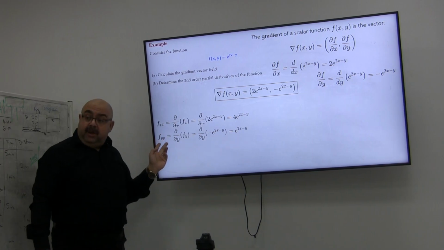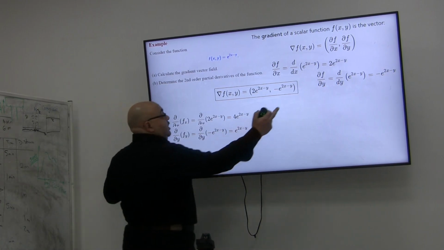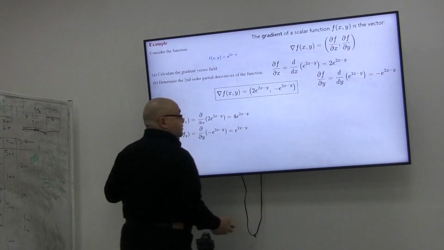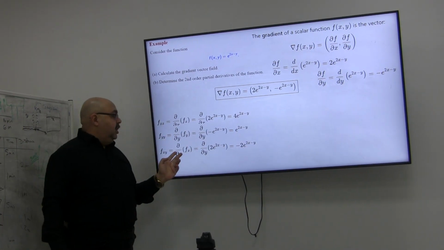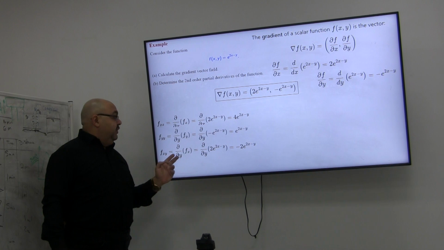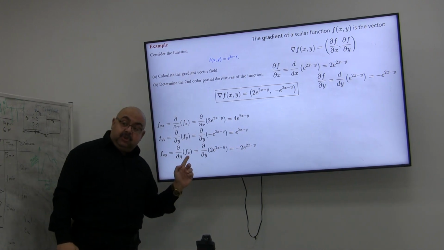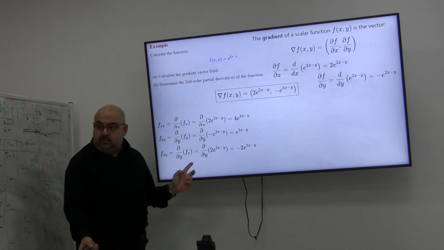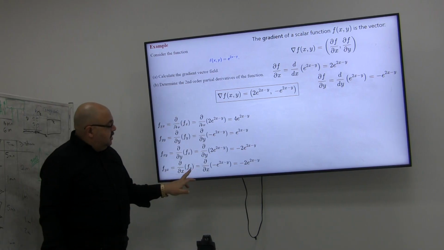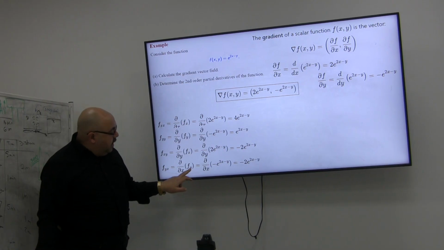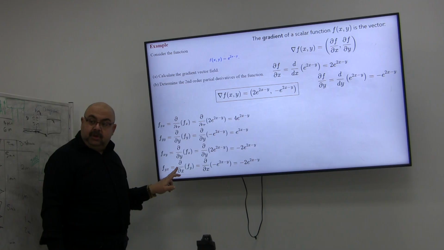That's f double y, differentiating the first derivative with respect to y once more with respect to y. That's partial f xy, differentiating the first derivative with respect to x, then with respect to y. And this is getting the first derivative with respect to y, then differentiating with respect to x.